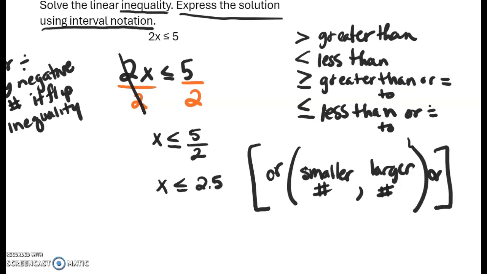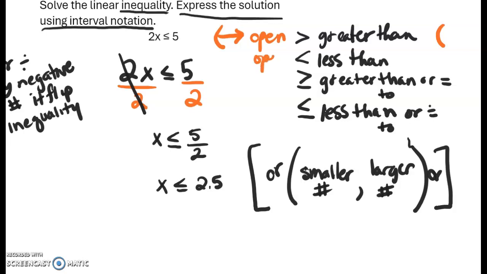So when you have a greater than symbol, it's an open endpoint, meaning it does not include that number. And we would express a greater than symbol with a parenthesis and an arrow to the right on the number line. And so in my interval notation, it would also be a parenthesis.